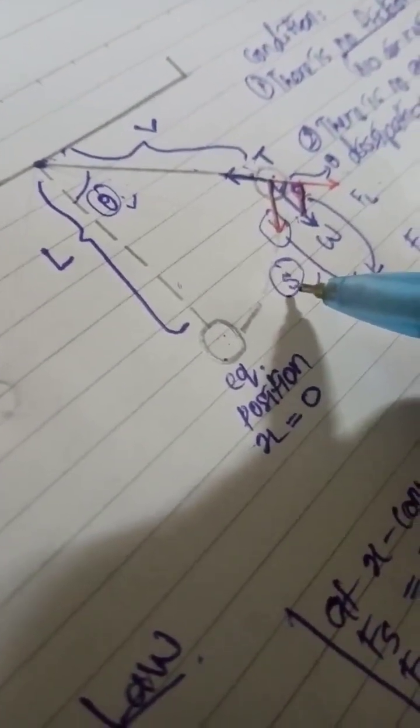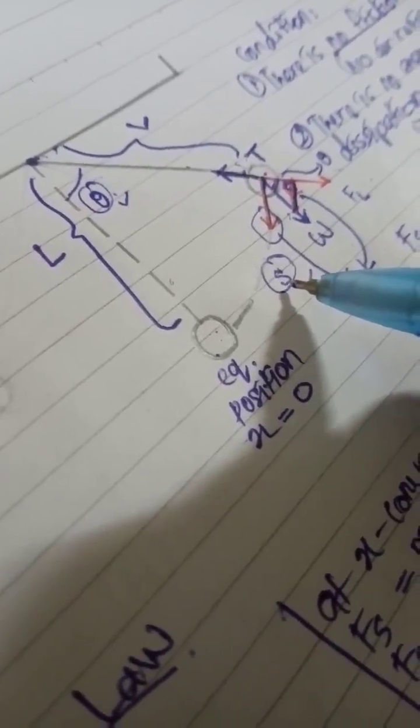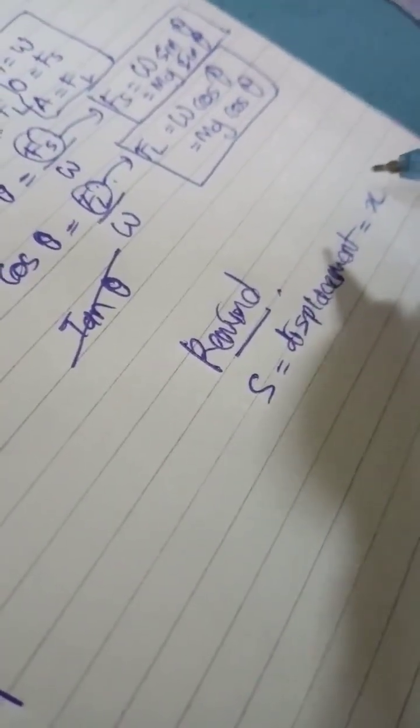Why? Because we know that s is a linear displacement. To turn a linear displacement into an acceleration, we have to do a second-order differentiation, right? This is a reminder. So s is displacement, which is equal to x, same as the simple harmonic equation.